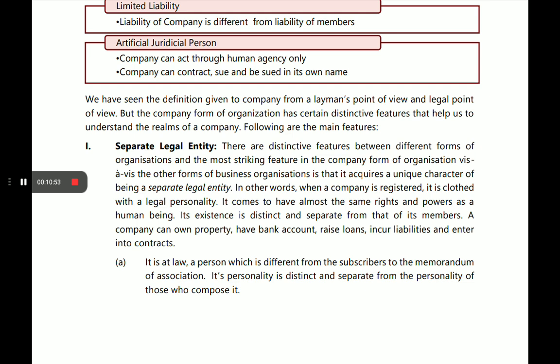It comes to have almost the same rights and powers as a human being. Its existence is distinct and separate from that of its members. A company can own property, have a bank account, raise loans, incur liabilities, and enter into contracts.